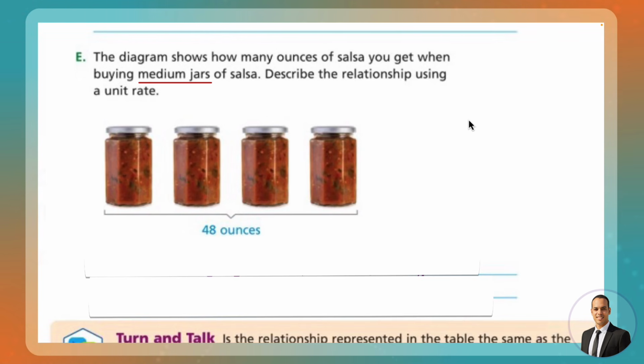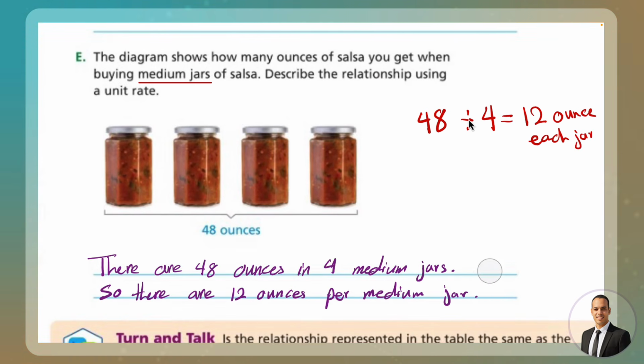If it's for 4 jars and you need it for 1 jar, you will divide. You will divide the 48 ounces by the 4 jars, which is equal to 12 ounces per jar. So you can say here that there are 48 ounces in 4 medium jars, so there are 12 ounces per medium jar.